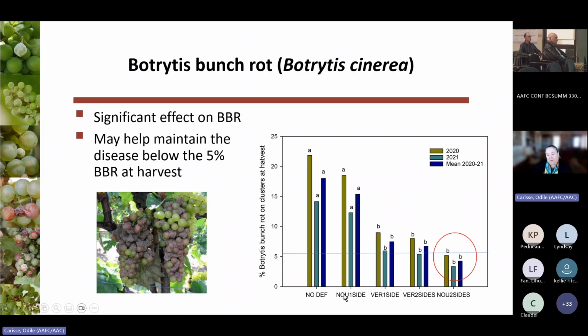And when we removed leaves on 2 sides of the row at nouaison, we could nearly keep the disease below 5%, which is more or less the economic threshold here in Eastern Canada. So we were very happy about that, but that was done at experimental farms, so don't forget that.